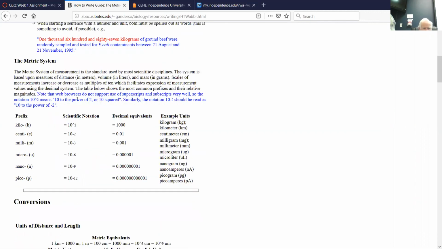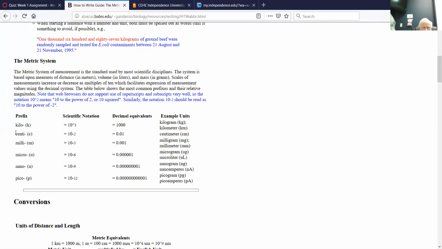For the most part, we use a very limited number of prefixes. The metric system is set up with a base measurement and then a prefix that tells us what fraction or what multiple of that basic measurement is being used.